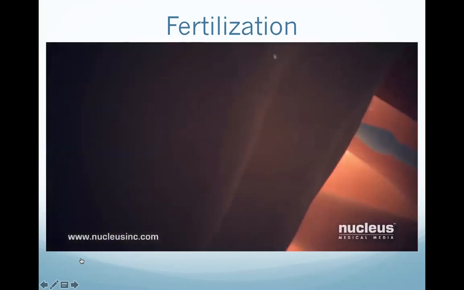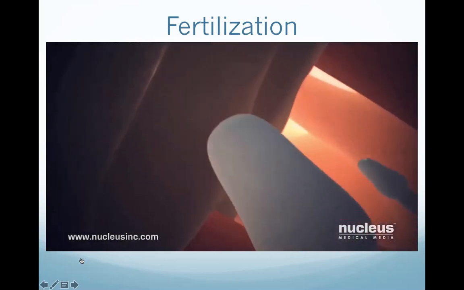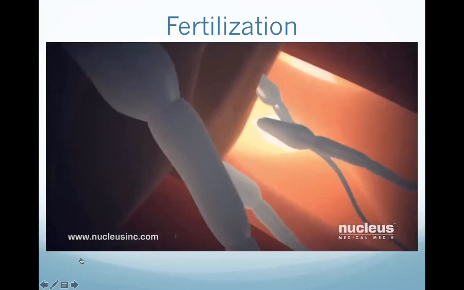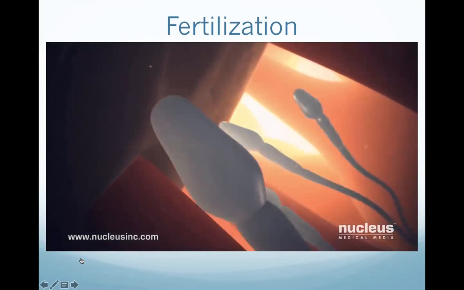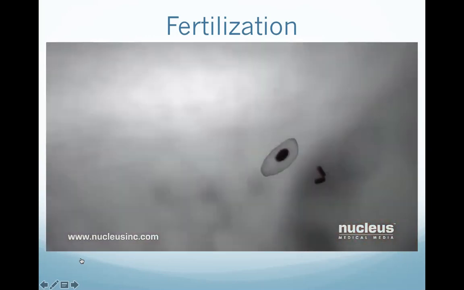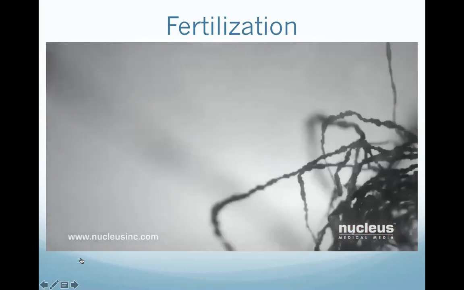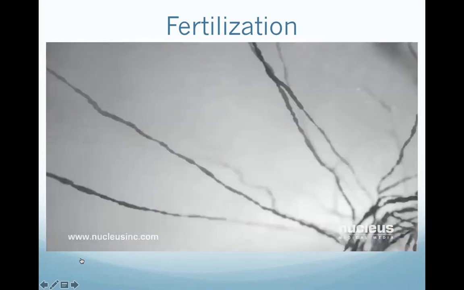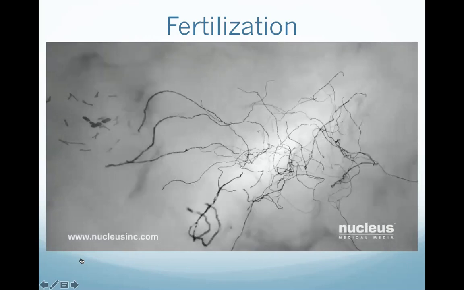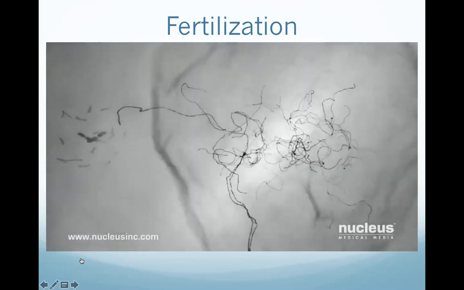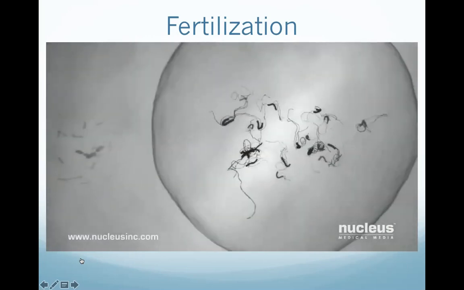Outside the egg, sperm are no longer able to attach to the zona pellucida. Meanwhile, inside the egg, the tightly packed male genetic material spreads out. A new membrane forms around the genetic material, creating the male pronucleus.